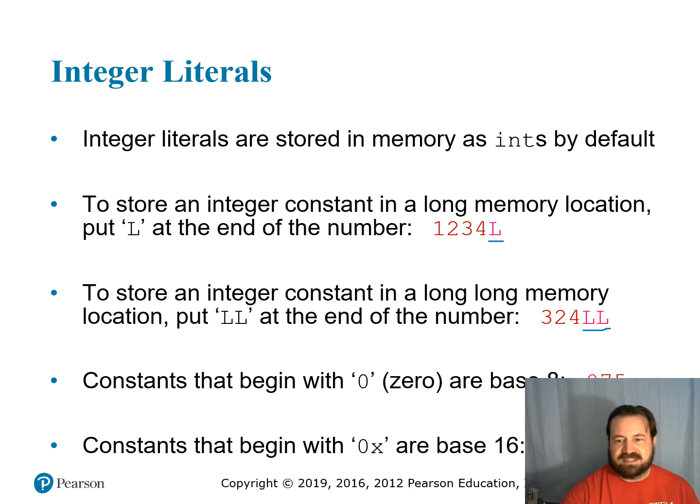Since base 16 can hold numbers 10, 11, 12, 13, 14, and 15, we represent those with the letters A, B, C, D, E, F. And why do we use base 8 and base 16? Why are they special? Well, again, computers store numbers in powers of 2, and base 8 and base 16 are useful for storing memory addresses if we're using an 8-bit or a 16-bit memory addressing system.